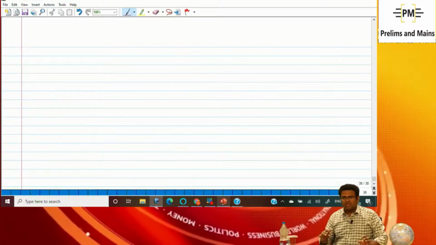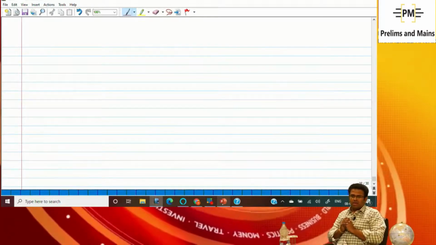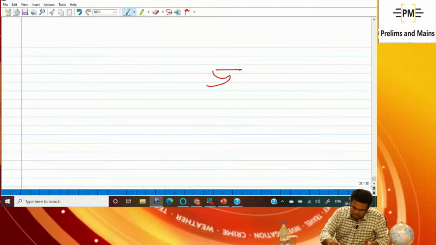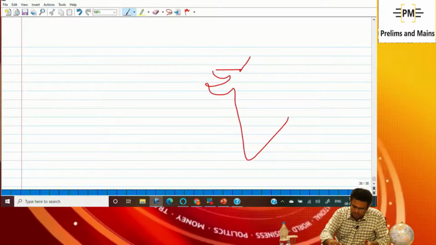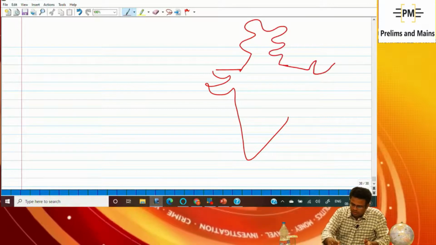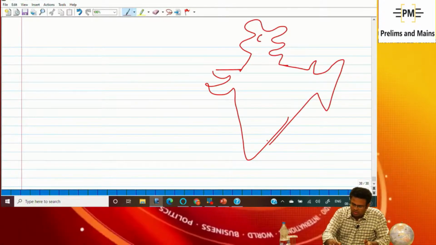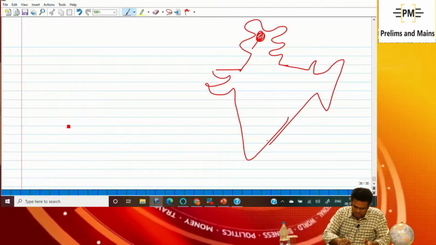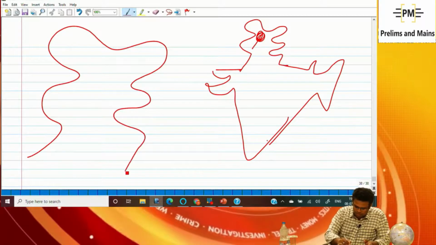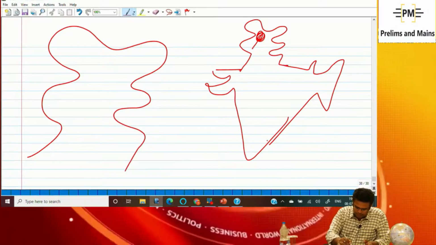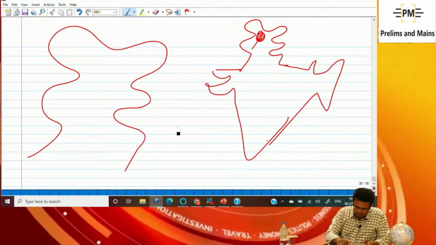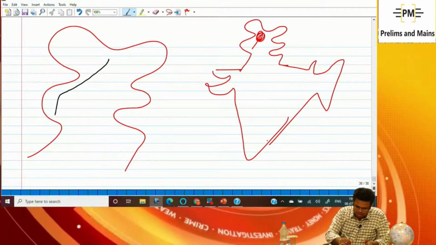Now my question is, why has India started IRNSS? You know, this is the last topic of the day. During the Kargil war, this is the reason. If I make a bigger map, this is Pak-occupied Kashmir.